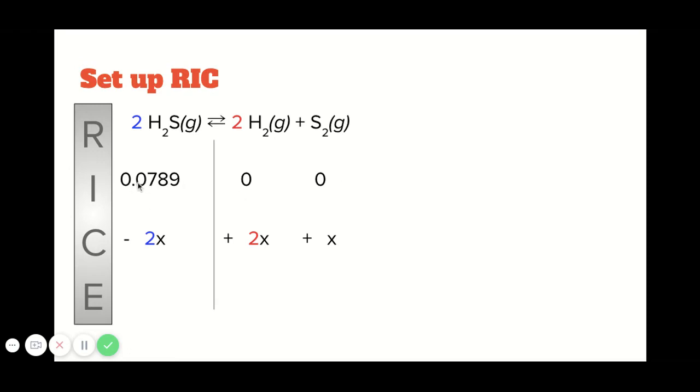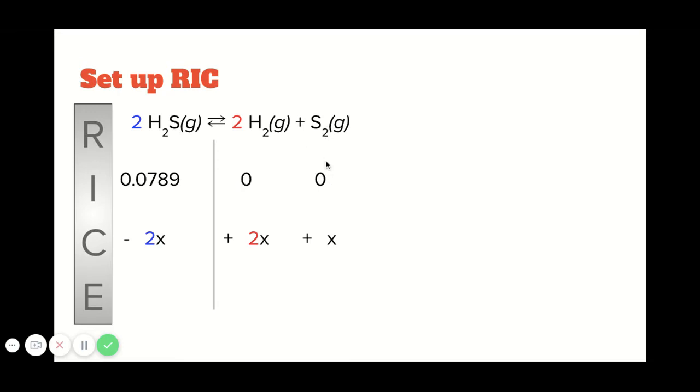So please notice the 0.0789. That was the moles per liter of H2S, not of 2 moles of H2S. This amount corresponds to this species. There is 0 H2, there is 0 S2.